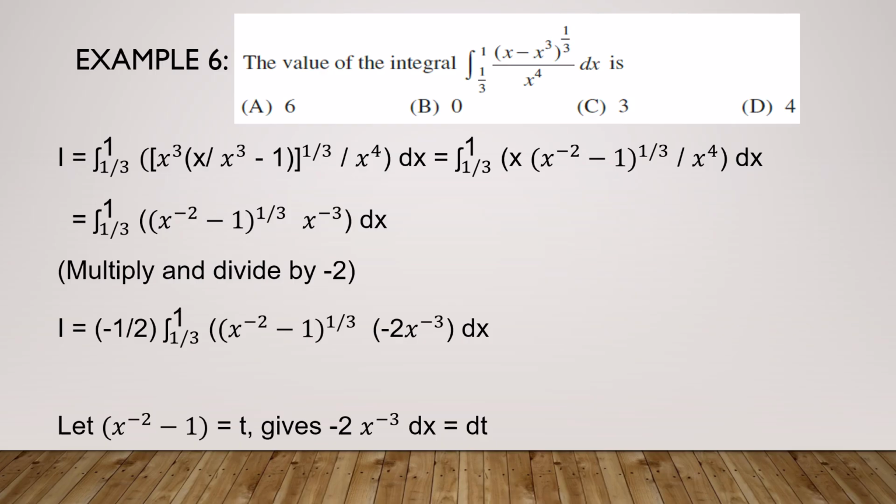So now multiply minus 2 with x raised to minus 3, so the second term will become minus 2 into x raised to minus 3. Now we will use the substitution method and you will substitute x raised to minus 2 minus 1, this term, as t.